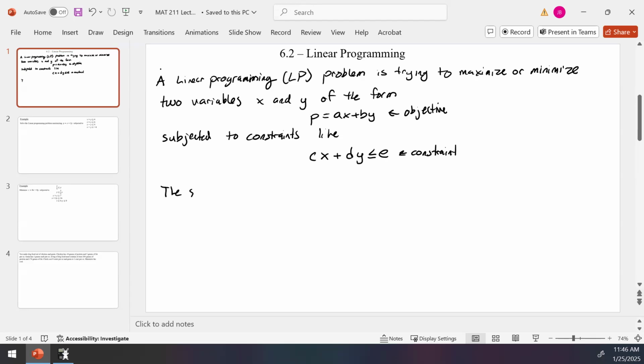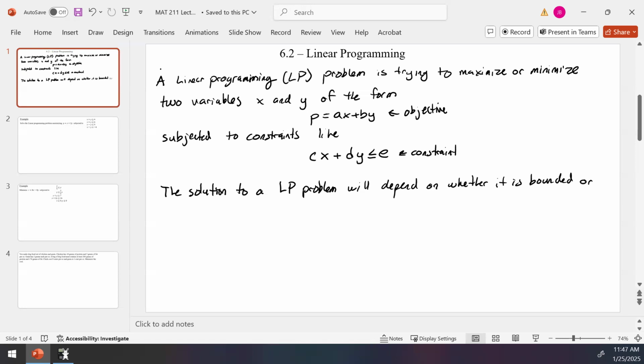The solution to a linear programming problem will depend on whether it is bounded or unbounded.